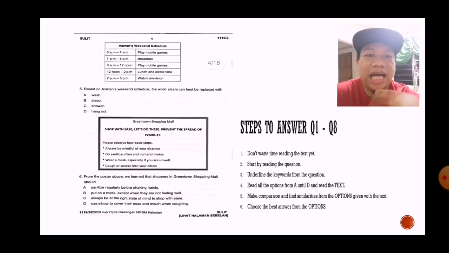I'm sure I can see the answer clearly there, mentioned in step number 4. So, of course, the answer is to use elbow to cover their nose and mouth when coughing. So, the answer is obviously D.